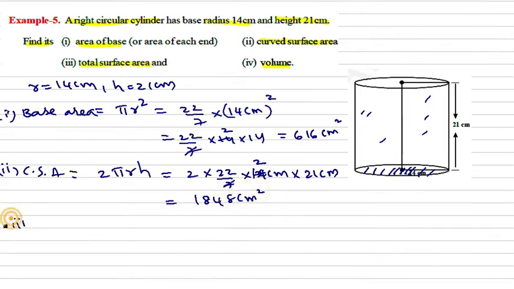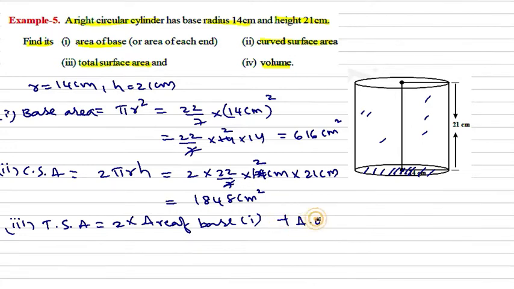The third one is we are going to find the total surface area, that is TSA of the cylinder. So here we are using the formula. So here we can add 2 into area of base, that is the first answer, plus CSA, that is the second answer.